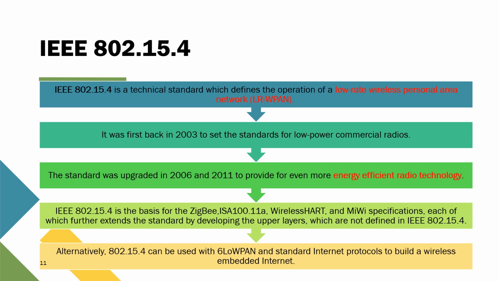So IEEE 802.15.4 is the basis for ZigBee, ISA100.11a, WirelessHART and MiWi specifications, each of which further extends the standard by developing the upper layers which are not defined in IEEE 802.15.4. Alternatively, 802.15.4 can be used with 6LoWPAN and standard internet protocol to build a wireless embedded internet.